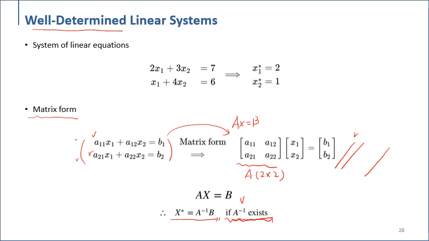In this case, both cases indicate you cannot have the inverse of A. So you may find there is no solution, or there could be many solutions. Here we assume that the well-determined linear system has only one overlapping point, so we have one exact solution.